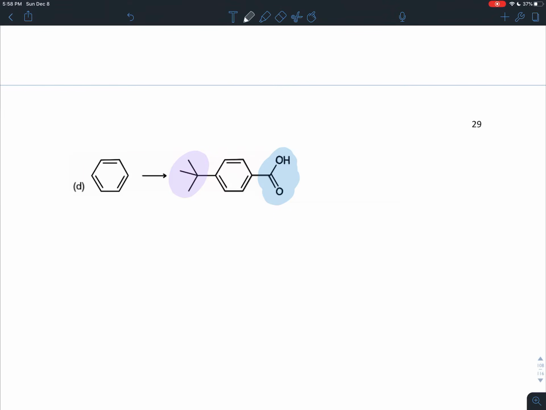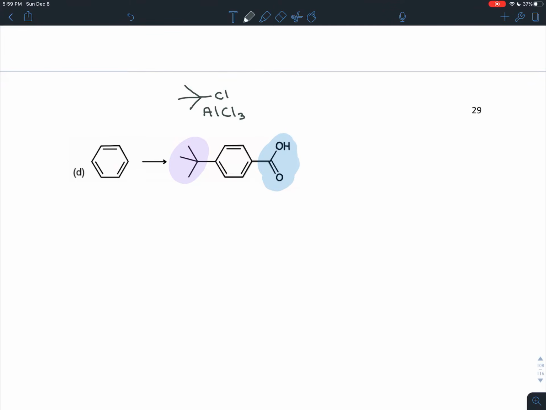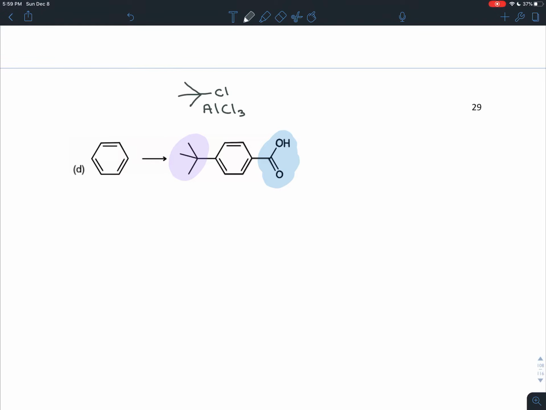And that would involve adding tert-butyl chloride with aluminum chloride, AlCl3, and that would add that group onto the benzene ring. So that's the recipe we would need to add the tert-butyl group. As for the carboxylic acid, that one is a little trickier.